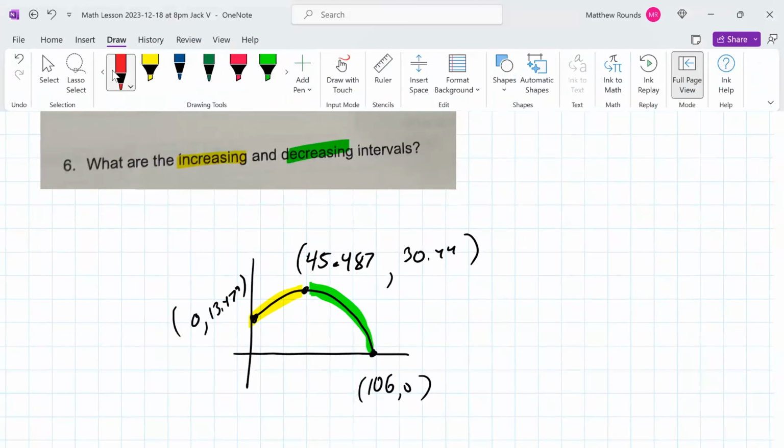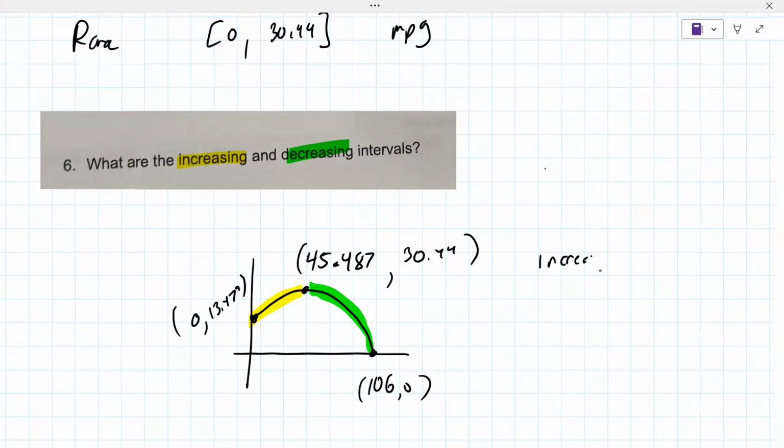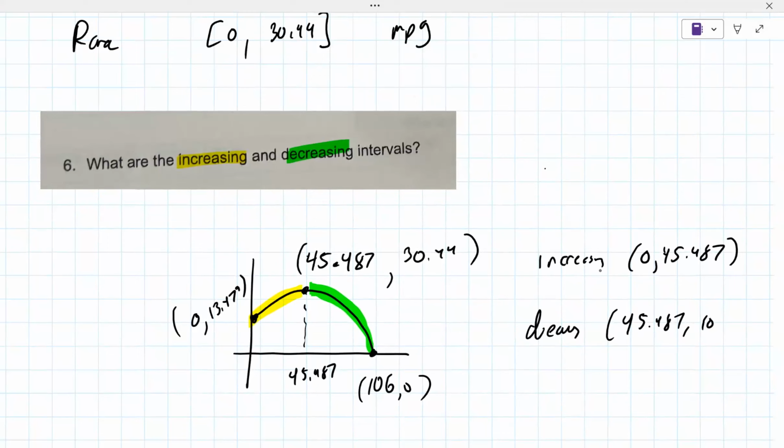And we only care about the x values. So increasing from 0 to 45.487. Notice that's the x value there. And then decreasing 45.487 to 106.